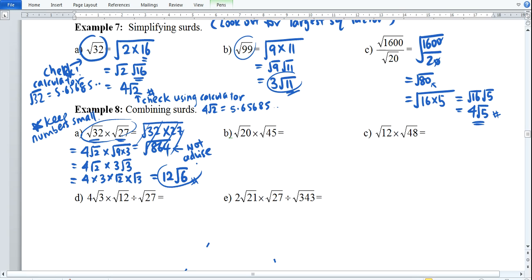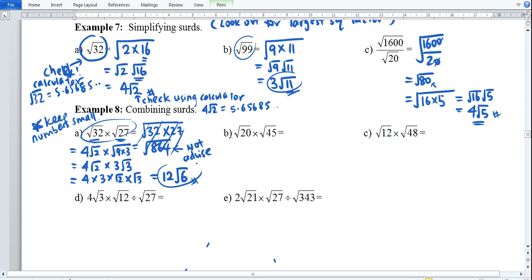Square root 20 times square root 45. Please do not just multiply 20 times 45 because you're going to get a big number. But you never know.